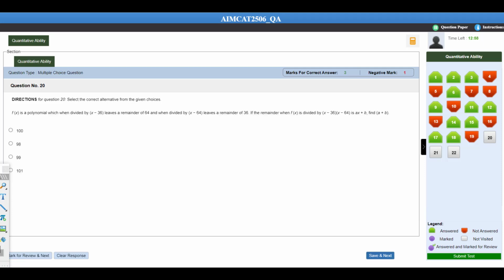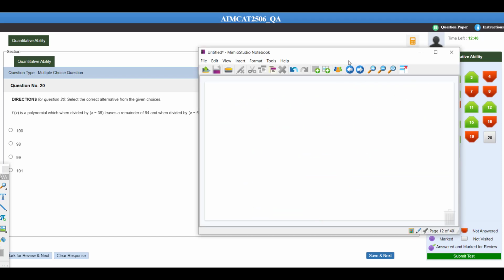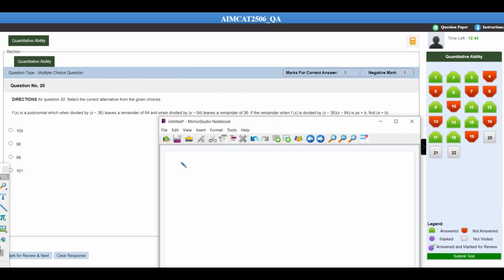f(x) is a polynomial which when divided by x minus 36 leaves a remainder 64, and when divided by x minus 64 leaves remainder 36. What is the remainder when it is divided by (x minus 36)(x minus 64)? So let's try this question. The dividend is f(x), the divisor is x minus 36. Over here, the remainder is 64.